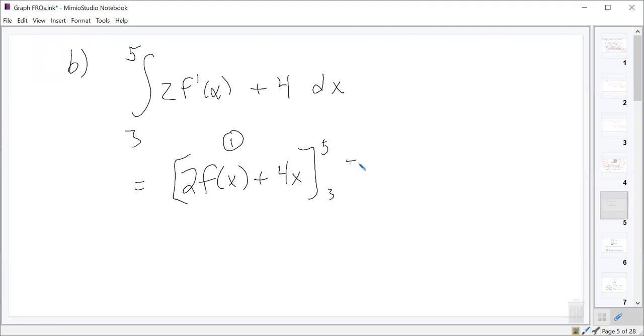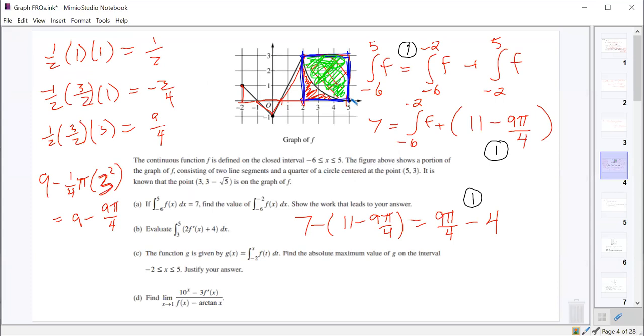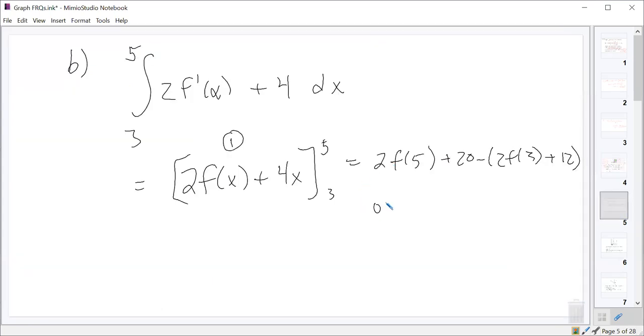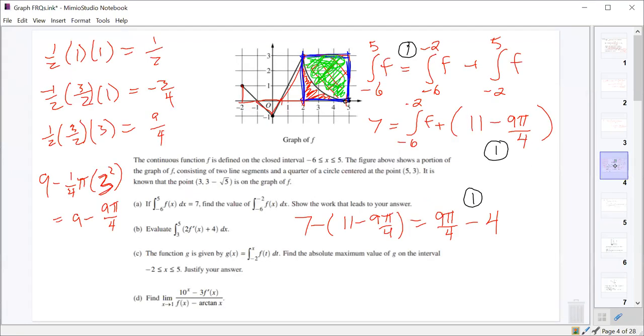So we'll plug in the stuff here. 2f of 5 plus 20 minus 2f of 3 plus 12. Everybody good there? What's f of 5? Well, we go back and we look. F of 5 is 0. So we have 0 plus 20 minus 2f of 3. Well, f of 3, what is that?